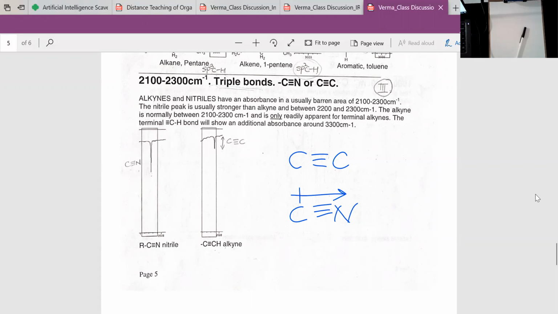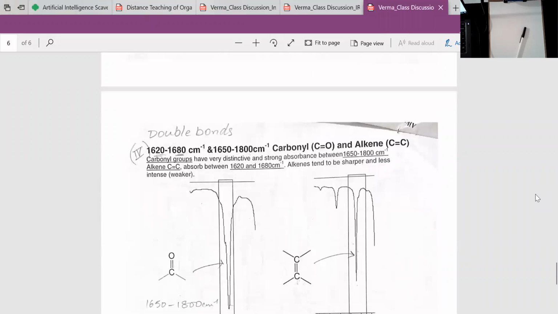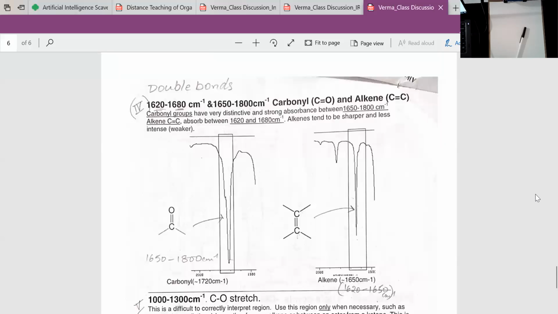This is in contrast to region 4, where you have double bonds. Double bonds with a more electronegative atom, oxygen, which makes the polarity of this bond, the carbon-oxygen bond, even stronger.